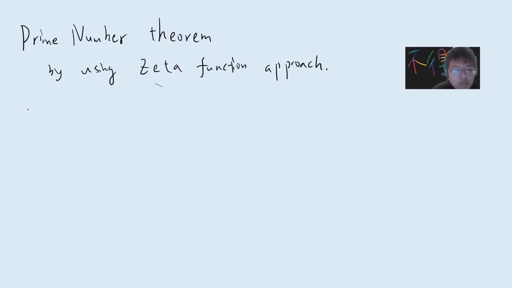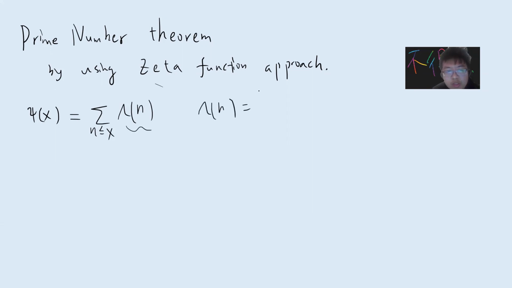Okay, a quick recap. Previously we defined psi of x to be the sum of lambda n for n less than or equal to x, where lambda is the Von Mangoldt function, defined to be log p if n is a prime power, else 0.